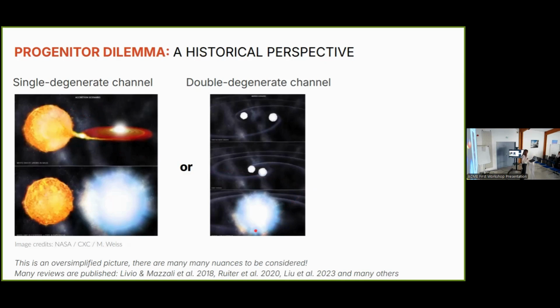So this is a historical perspective. Right now, the picture is much more complicated, but it's useful for me to divide it this way because we can probe with LISA this double degenerate channel. Because we see all of those binaries made of two white dwarfs everywhere in our galaxy in a complete way, so that we can really test it with LISA observations.